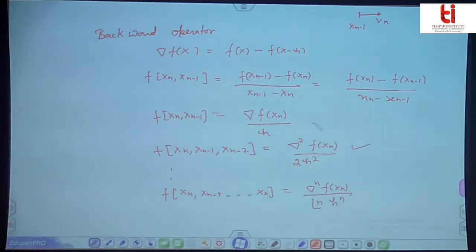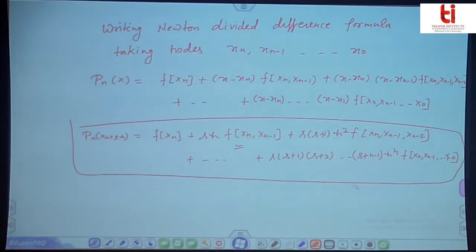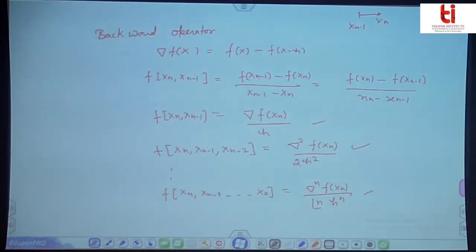Just put the values of these divided differences into this formula, and you will get Pn(x) equal to f(xn) plus s del f(xn), plus s(s plus 1) del square f(xn) upon factorial 2.